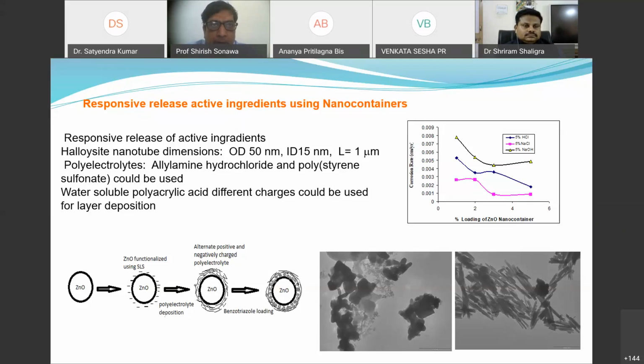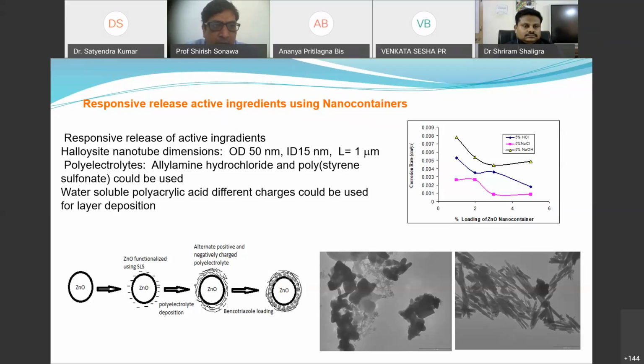For example, in some parts of our body, such as the stomach, the pH is always acidic in nature. So if you prepare a drug-loaded container, the release is going to happen at that particular time.